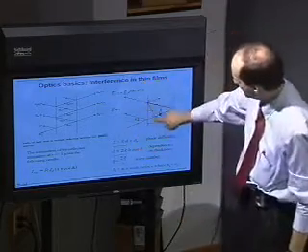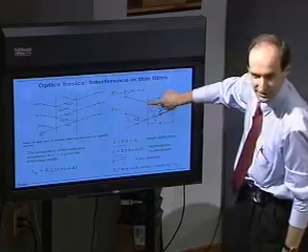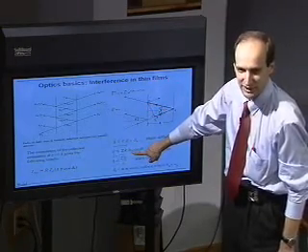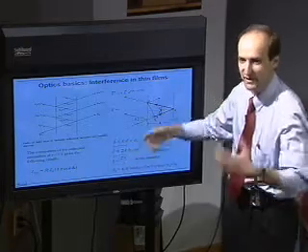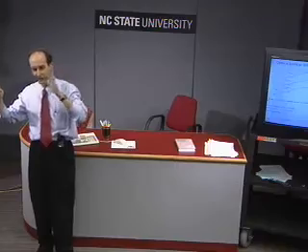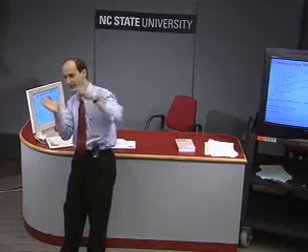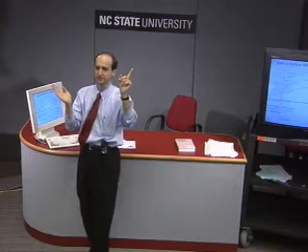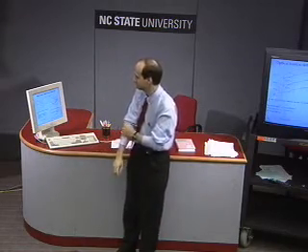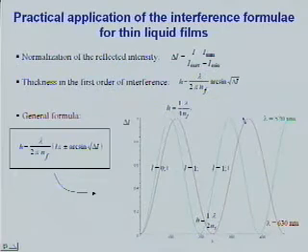Now the distance between the 2 beams is essentially this distance here, which gets taken into account in that formula. That's how it gets calculated. This is the phase difference, which comes because the 2 beams travel different distances. One gets reflected from the first surface, and the other goes to the second surface and then gets reflected. Any other questions? I'll give you immediate examples of how you can use these formulas for different types of measurements.